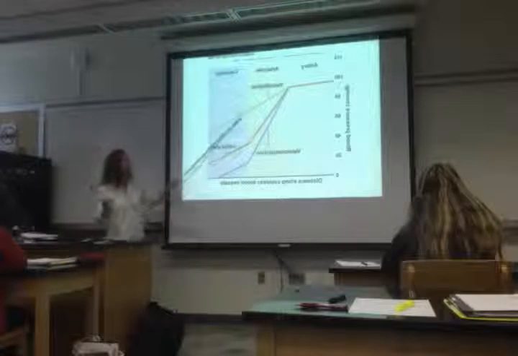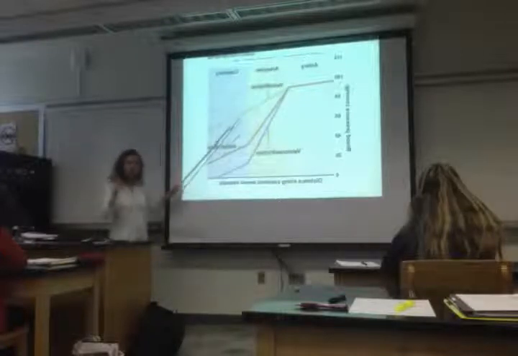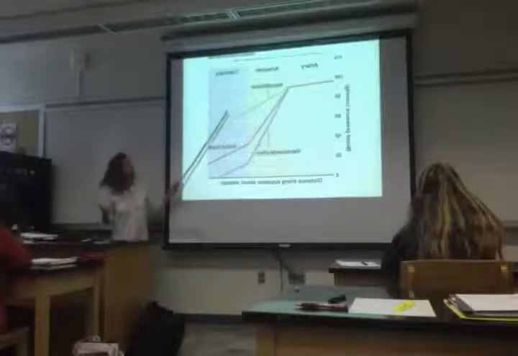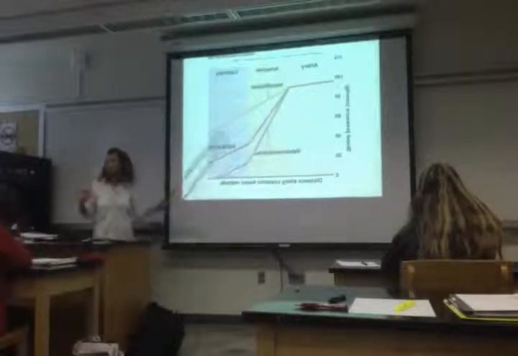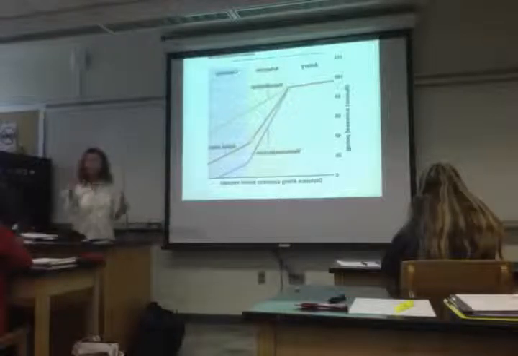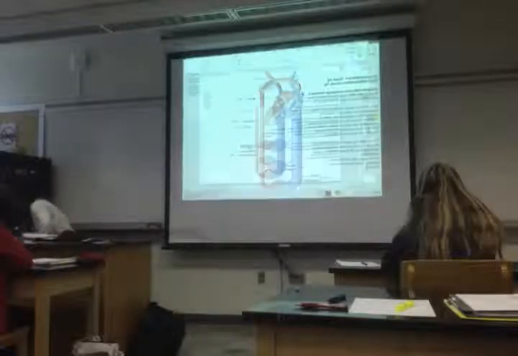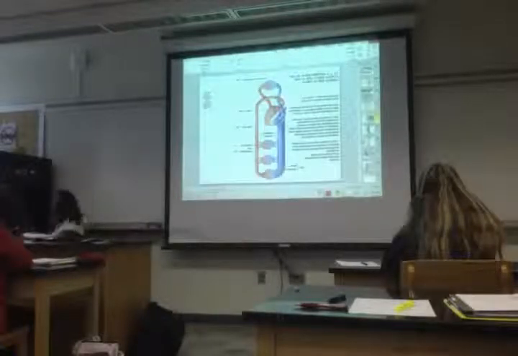We already know that, and we already know that we can change those pressures by vasoconstricting and vasodilating, which we already talked about. So this is just putting it all into one graph.